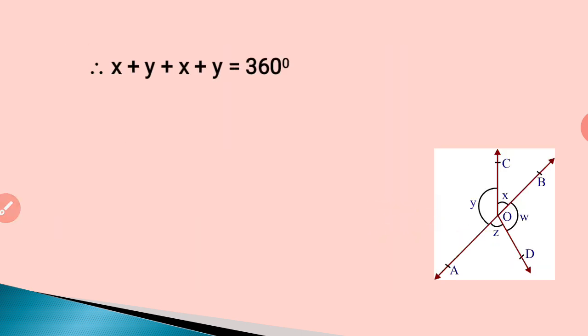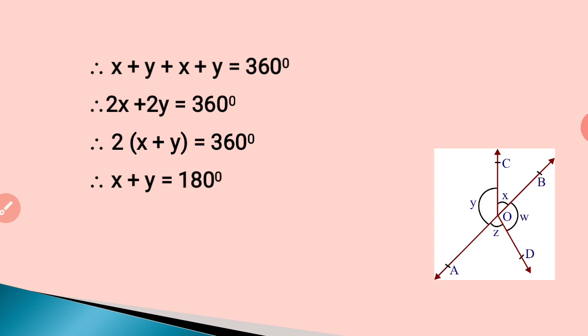It changes the statement into x plus y plus x plus y equal to 360 degrees. We can add them and simplify it, and we finally get x plus y equal to 180 degrees. Now, if x plus y is equal to 180 degrees, we can see in the figure that x plus y is on one side of AOB and the sum is 180. That means AOB has to be a straight line.